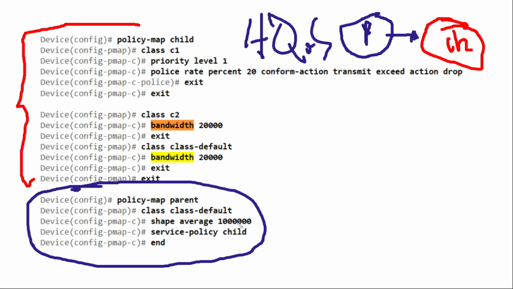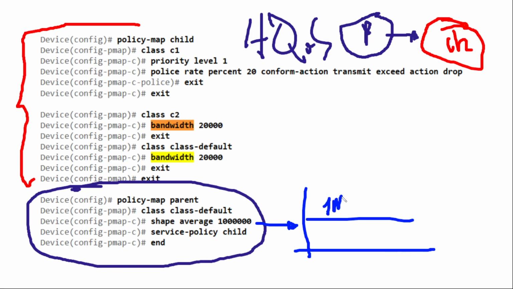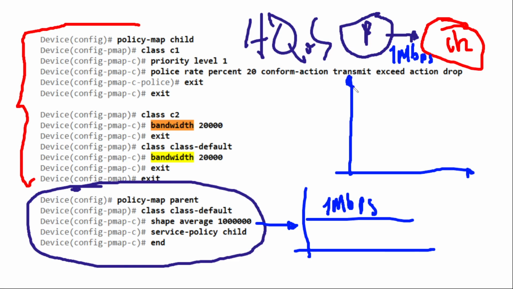The parent policy map is using shaping, with a maximum rate of 1 megabit per second. So the parent policy is imposing a limit of 1 megabit per second on the child policy. So from the point of view of the child policy, my complete budget or maximum bandwidth is 1 megabit per second, because my parent policy is limiting my bandwidth to that value.